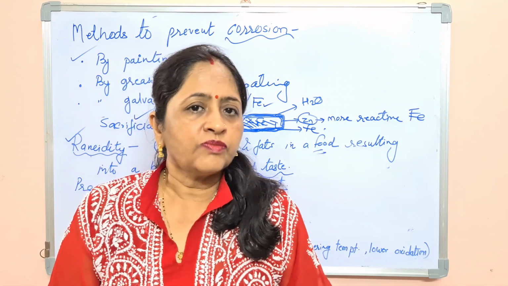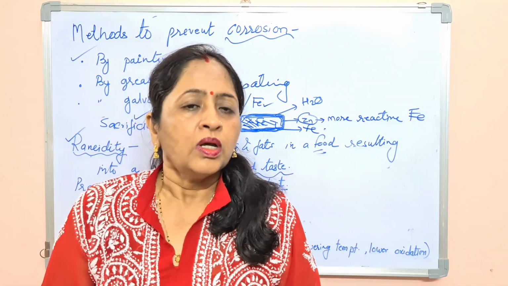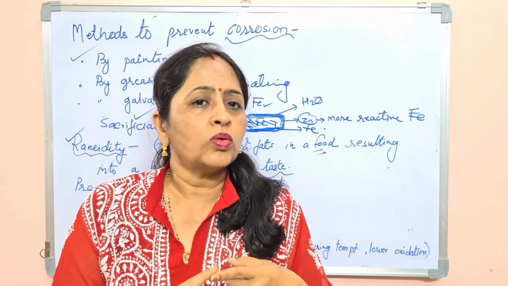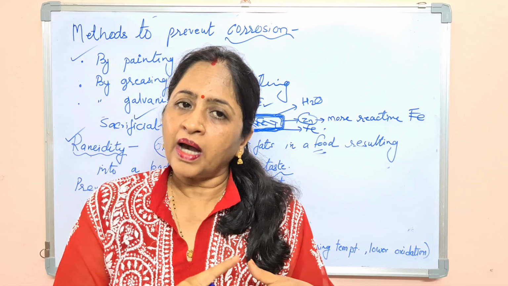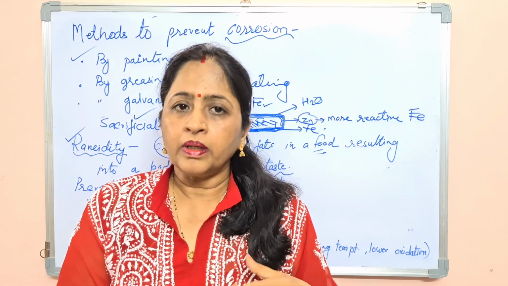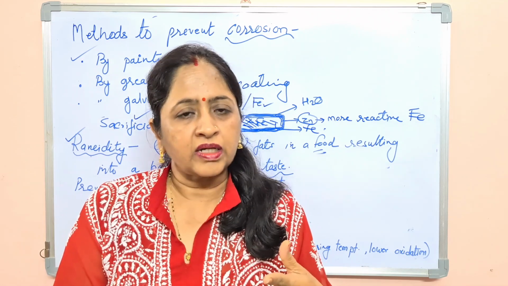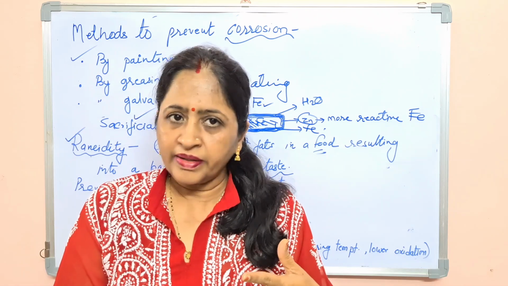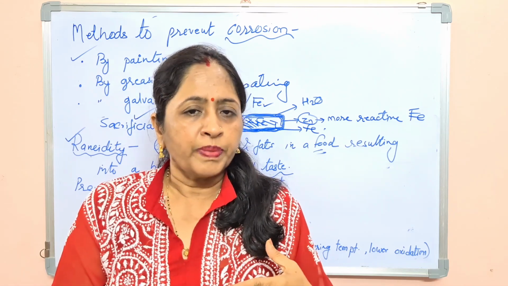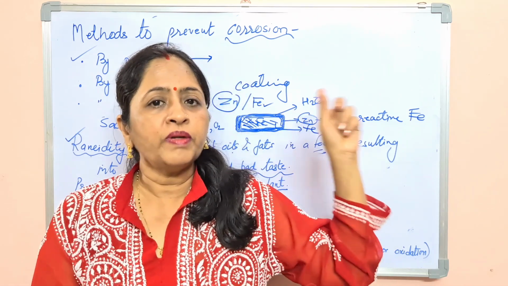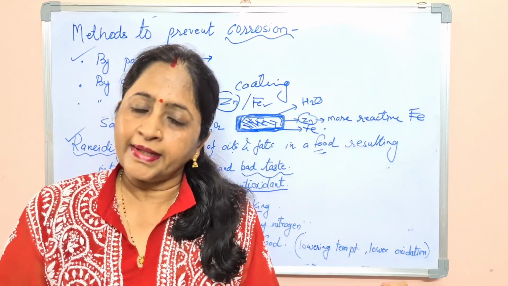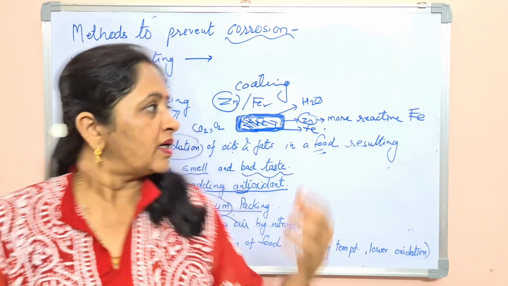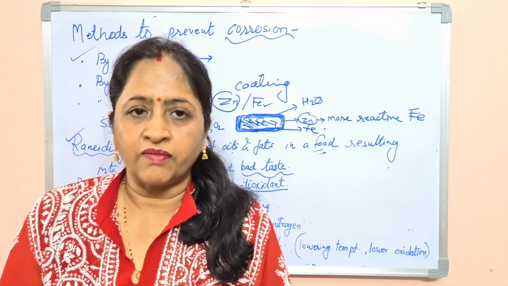And after this we have covered the topic corrosion. What is corrosion? Corrosion takes place in a few reactive metals like iron, copper, silver. We have seen it with the help of the reactions also. Then the next topic I covered in this video was how to prevent corrosion, the methods to prevent corrosion, that we have studied. And the next, rancidity, we have covered in this topic.